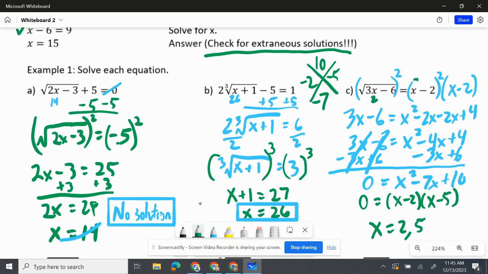If I plug in a 2, 3 times 2 is 6, minus 6 is 0, square root of 0 is 0, 2 minus 2 is also 0, so it works. Now I'm going to plug in the 5. 5 times 3 is 15. 15 minus 6 is 9. Square root of 9 is 3. 5 minus 2 is also 3, so that means both of the answers work.